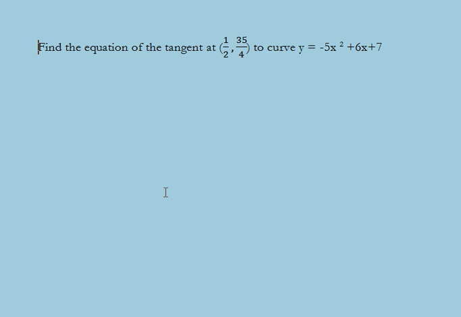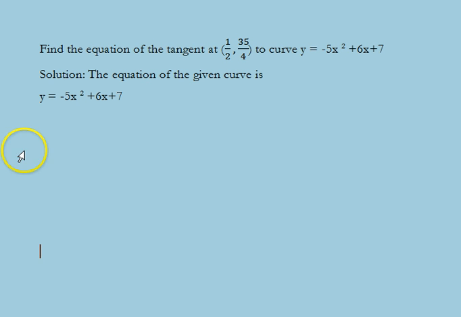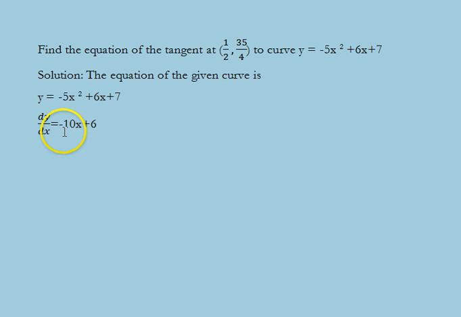Now here the equation of the given curve is y equal to minus 5x square plus 6x plus 7. This implies that the value of dy/dx is obtained by differentiating this equation with respect to x. Thus we have dy/dx equal to minus 10x plus 6.